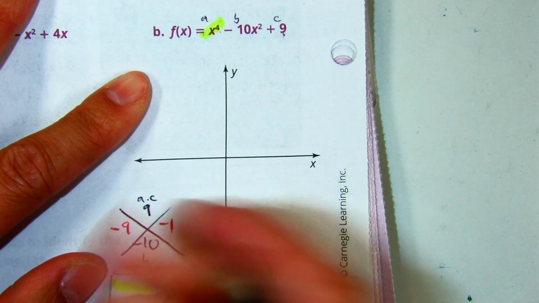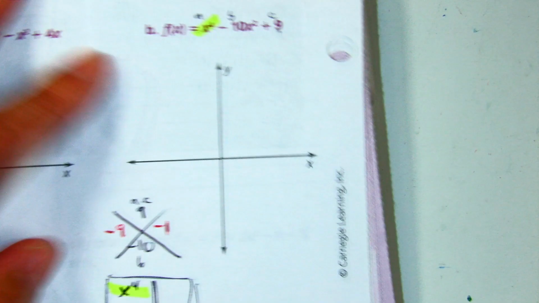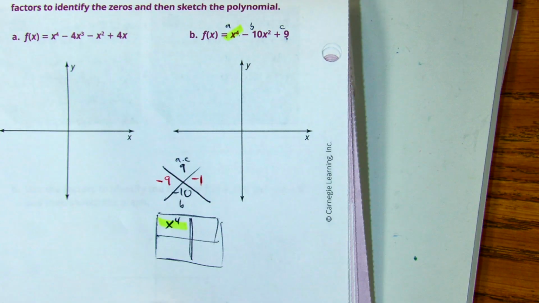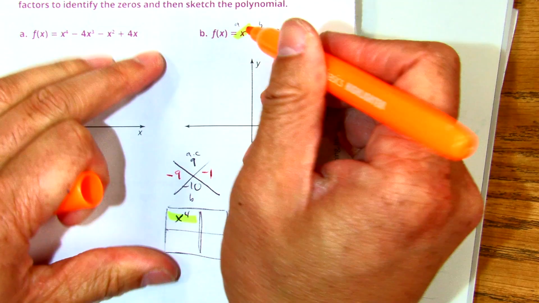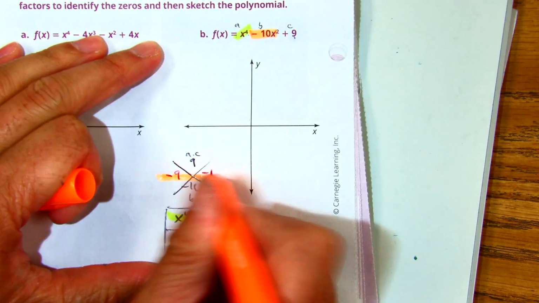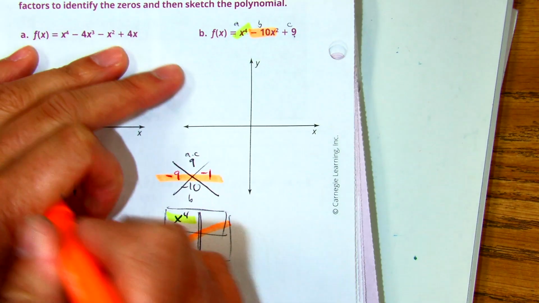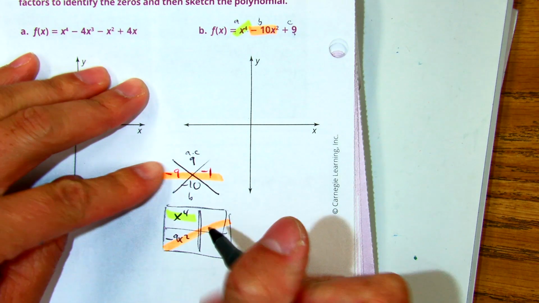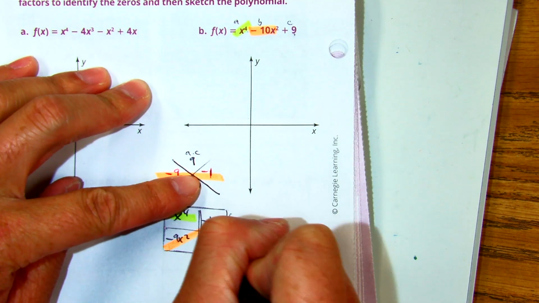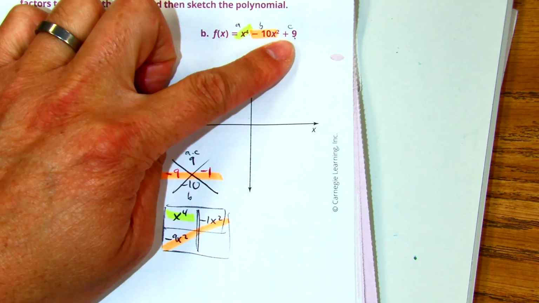So that becomes x to the 4th. I'm always going to take the middle term, which we just split, and pay attention. Remember, that is x squared. So negative 9x squared and negative 1x squared. And then I have positive 9.